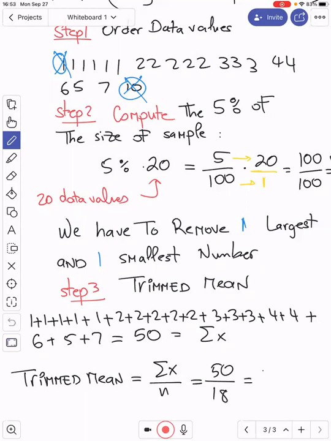And that would be 2.7 or 2.77, I think. This 18 is the size of the new sample because we removed 2 numbers. We got rid of 2 numbers, so we are left with 18 numbers, right? All right, any question, guys? So that's the trim mean.